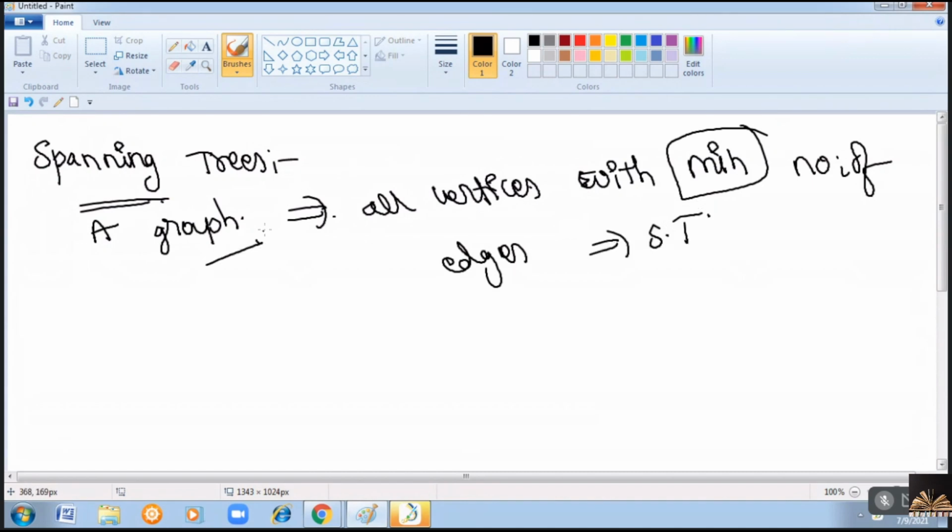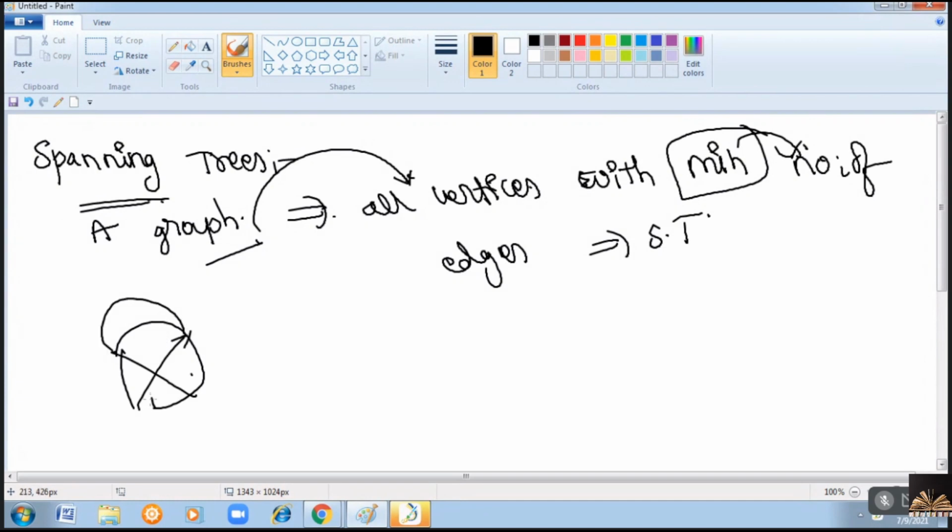A graph which contains all the vertices with minimum number of edges is called a spanning tree. That means you will be given a graph. To get a spanning tree for this graph, you will consider all the vertices of the graph with the minimum number of edges to connect these vertices.